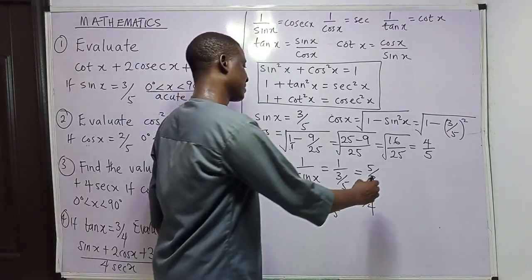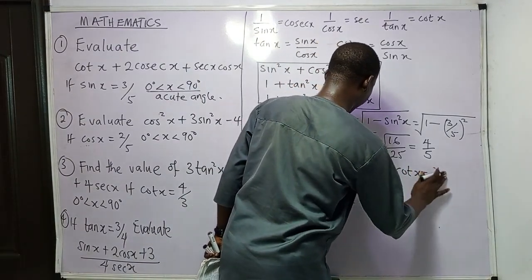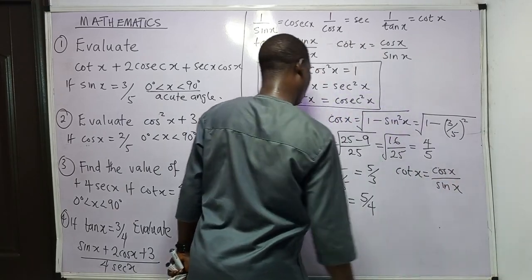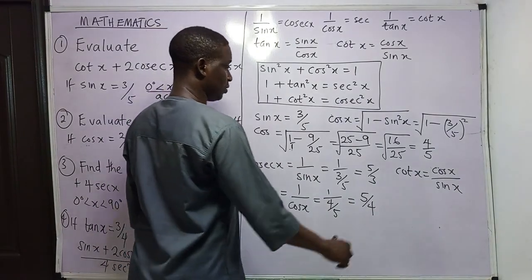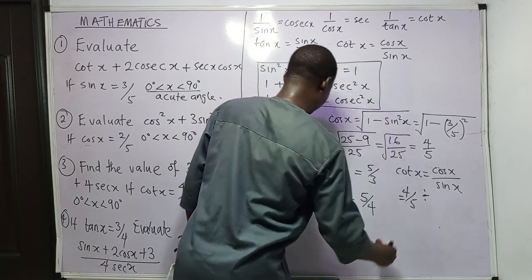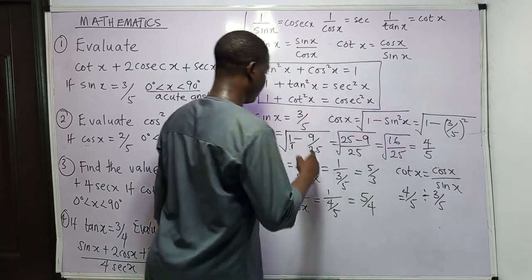Then cot x. Cot x is equal to cos x over sin x. And what will that give us? What is your cos x? 4 over 5, divided by 3 over 5.